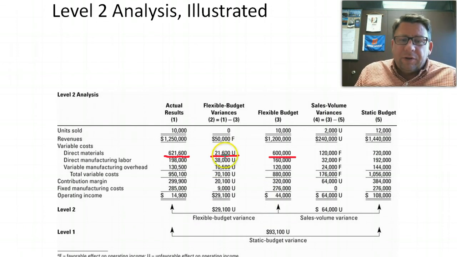So now what we want to do is, again, look at that and then see how much of that was caused by a different price than what we expected, and how much of that was caused by a different usage than what we expected.